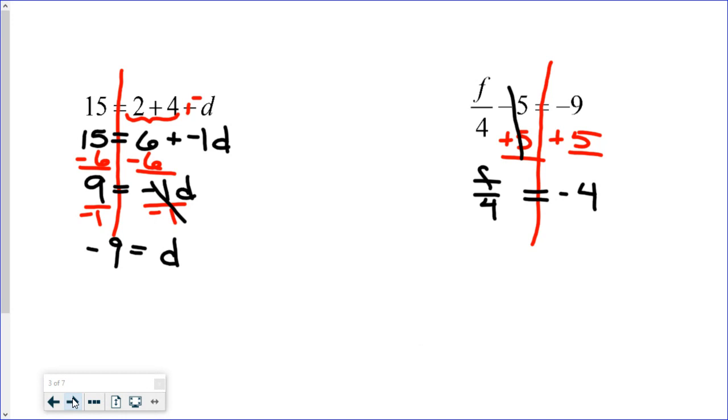And now, how do I get rid of a divided by 4? Remember, I multiply by 4 or 4 over 1. But you just have to somehow remember that a top and a bottom can reduce or cancel. So I'm left with f equals negative 4. Is that right? No, Mrs. Strebler, it is actually negative 16. Ha, ha, ha. Sometimes I do that on purpose. Sometimes I don't.